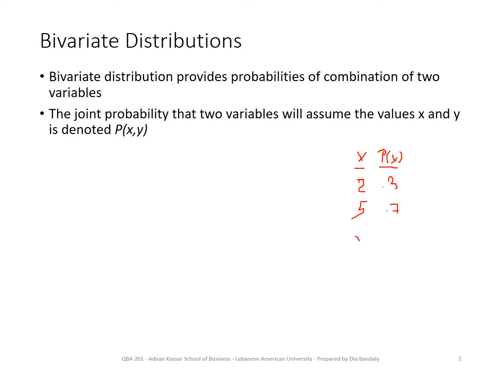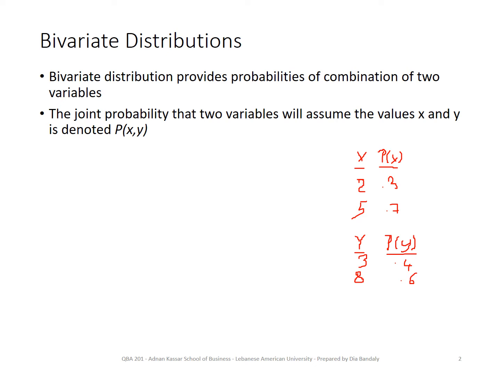We may also be interested in observing another variable y that can take the values 3 and 8, for example. And also we have a probability of occurrence for each value of these, for example, 0.4 and 0.6. All right, we may need to observe these two together.